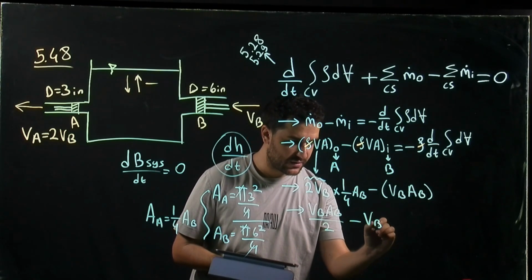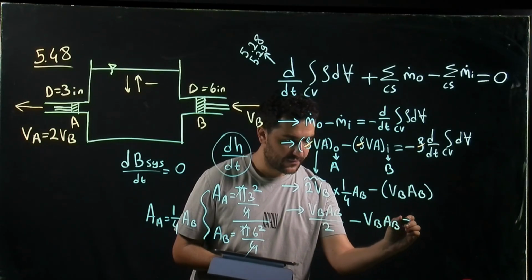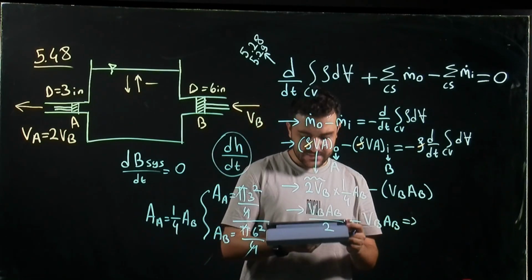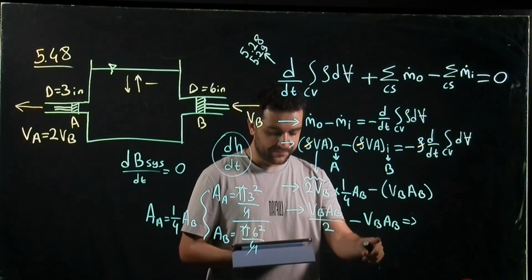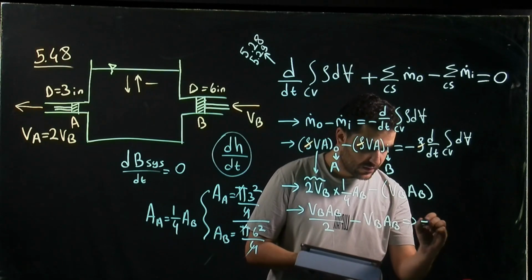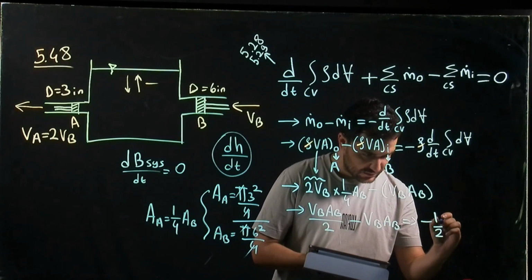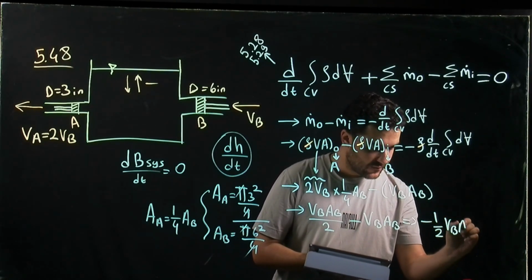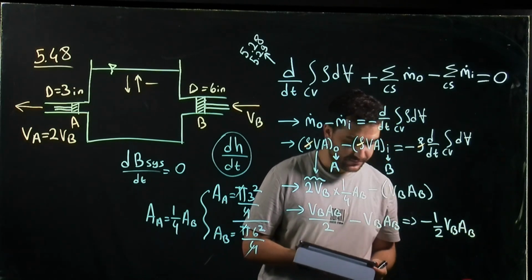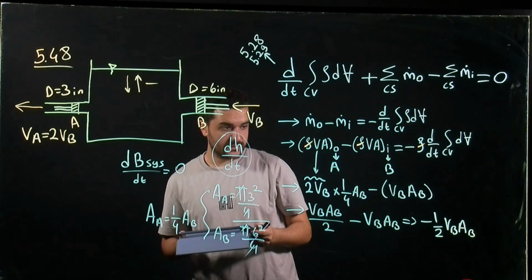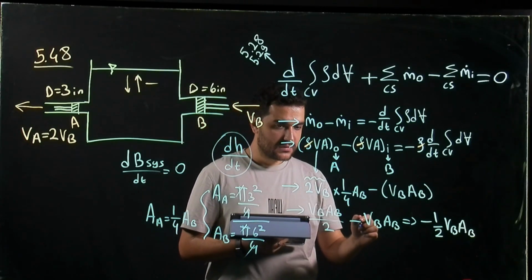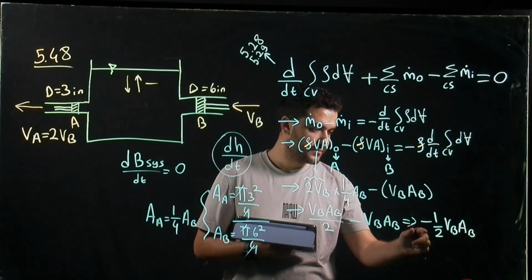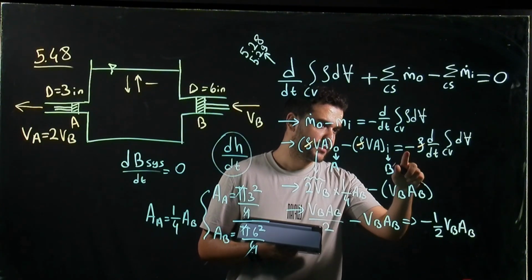Minus VB AB. And this gives, we have 1 over 2 minus 1, minus 1 over 2 VB and AB. So this was actually equal to this term.